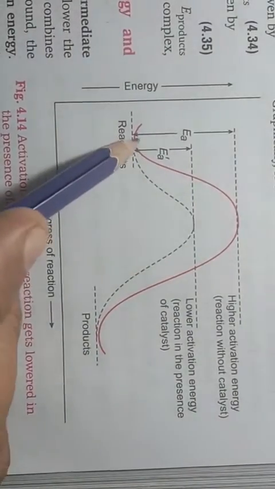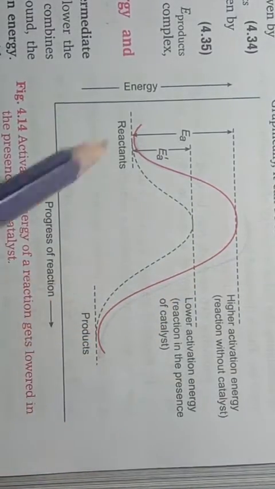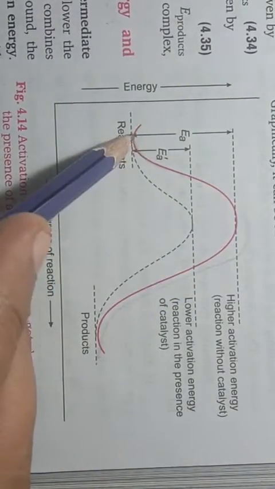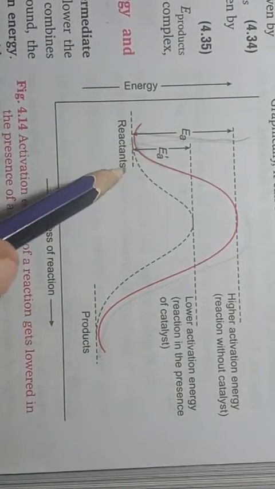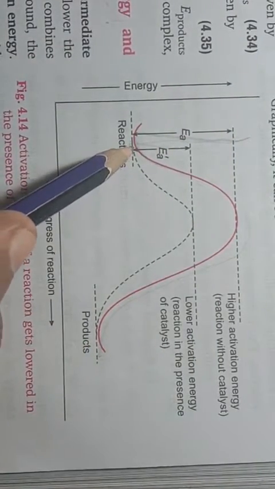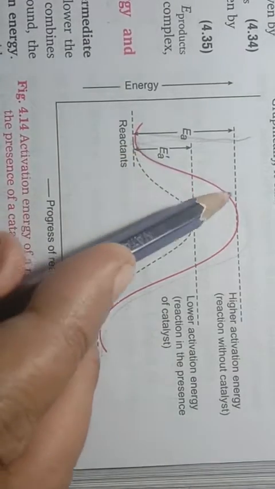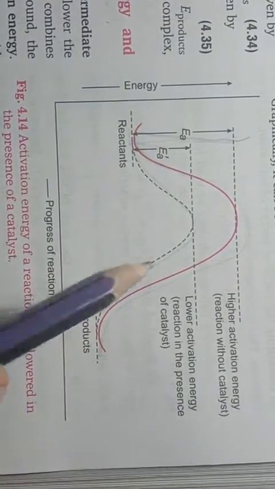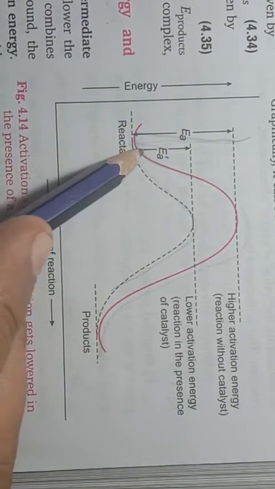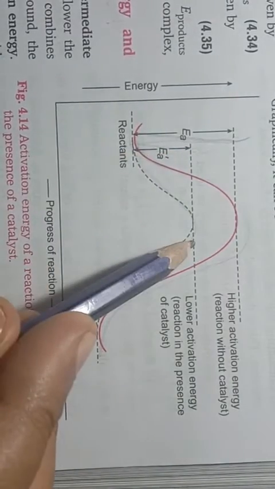So a normal reaction is taking place with this path. The amount of activation energy required is this much, greater amount. But in the presence of catalyst, this path of the reaction changes to here. So in this condition, the amount of activation energy is going lower.